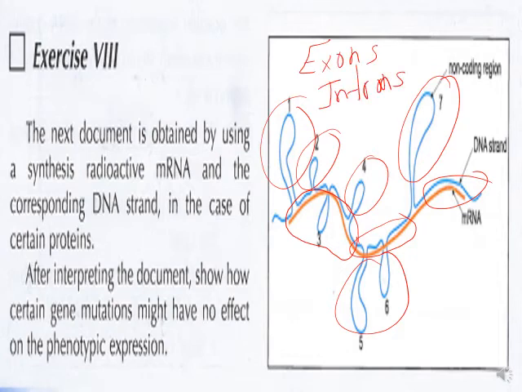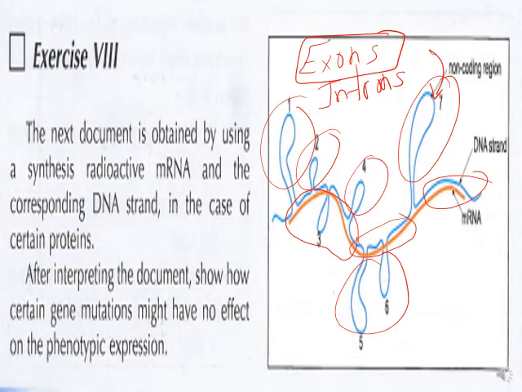Exons bind to the mature mRNA, while the introns don't have complementary. So we have to work with the exons. Introns are going to be eliminated. So if any mutation happens in the non-coding region, this mutation will not lead to any consequence, so it will not lead to any problem in the sequence.